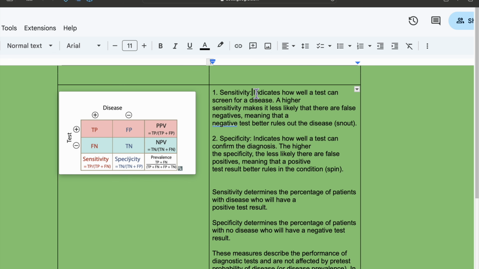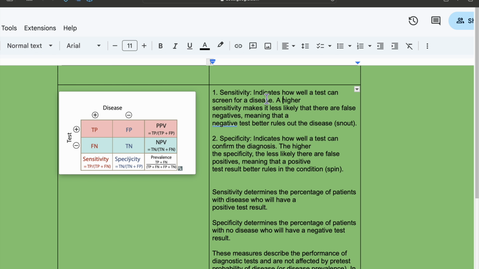Okay, so sensitivity indicates how well a test can screen for a disease. A higher sensitivity makes it less likely that there are false negatives, right? So if there's a high sensitivity, the top number is going to be about the TP. So the higher the TP, the less chances of FN making a dent in this result, right?